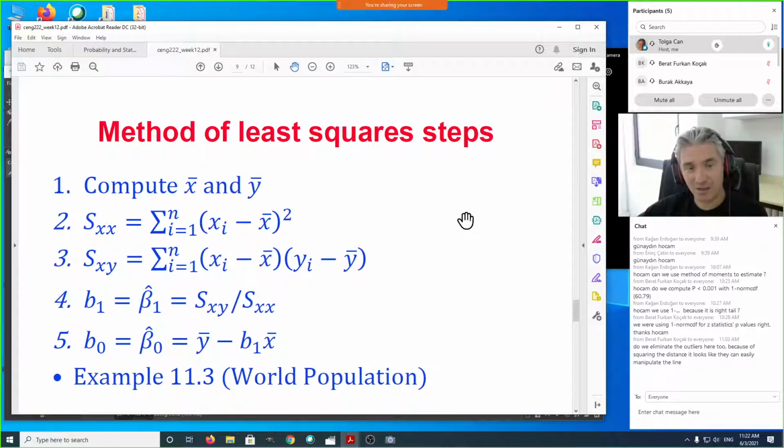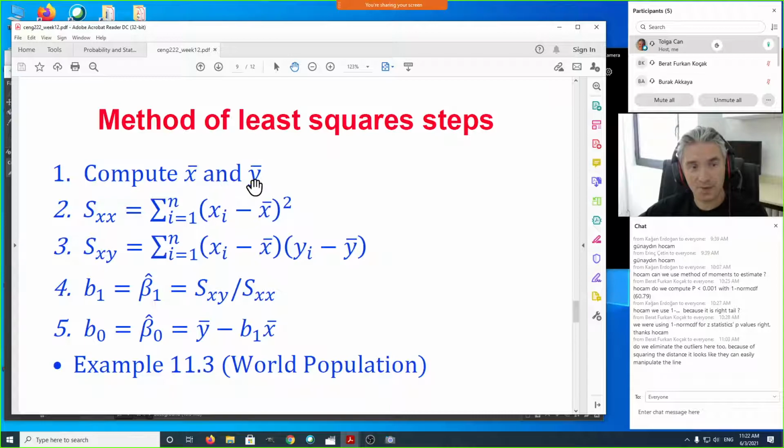As a step-by-step algorithm, first we compute the means. Then we compute the Sxx value, which is the difference of all those individual x values from the sample mean, squared, and summed up.